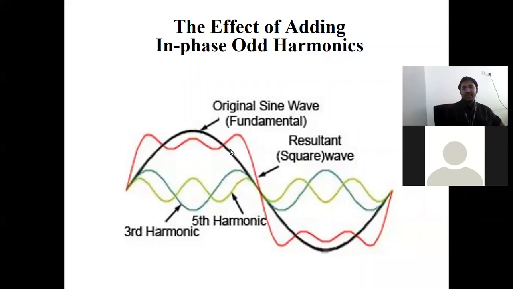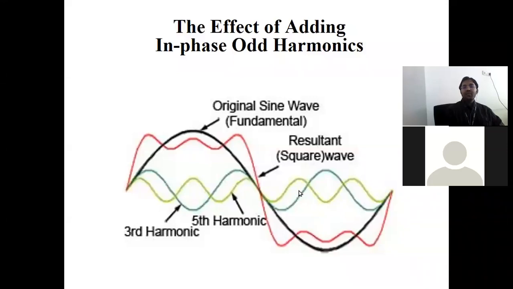This is one sinusoidal signal represented by the black wave. Next, another sinusoidal signal represented by this dark green wave. Another sinusoidal signal represented by this light green wave.